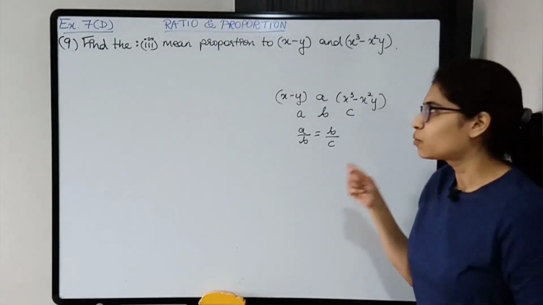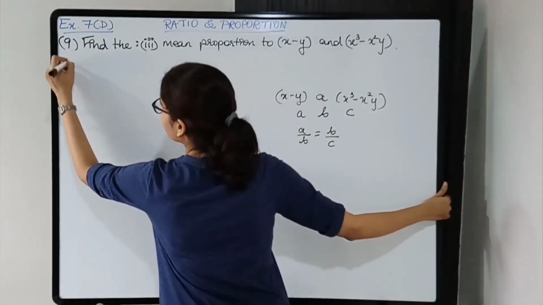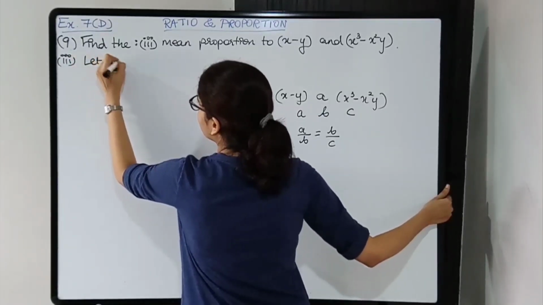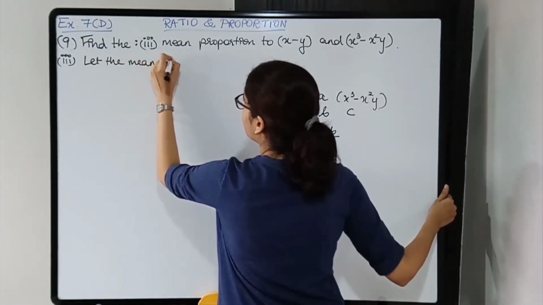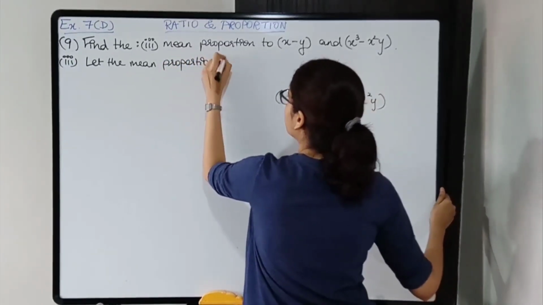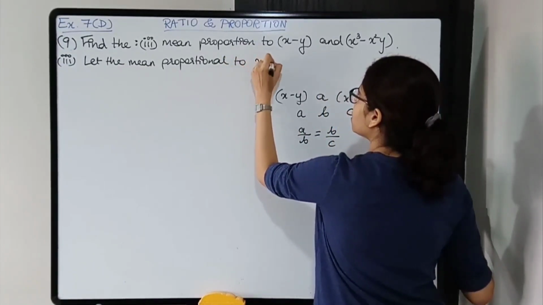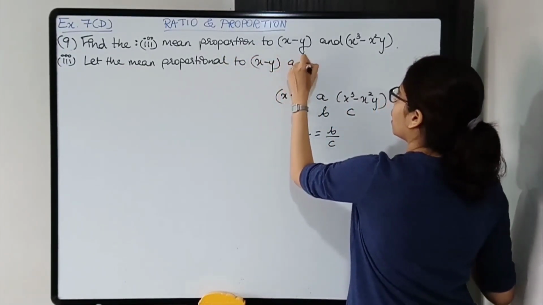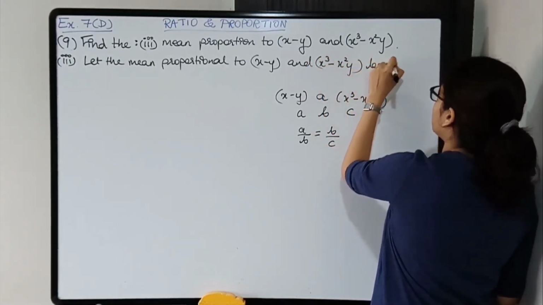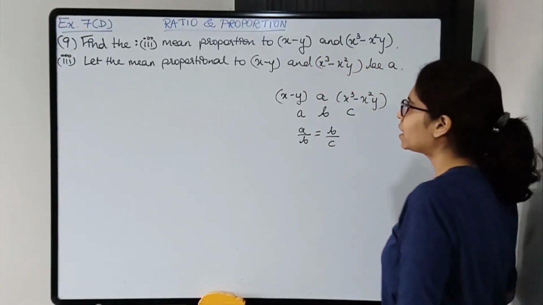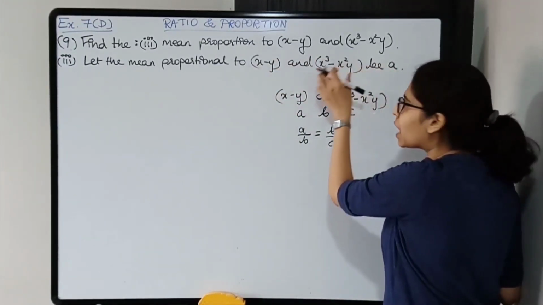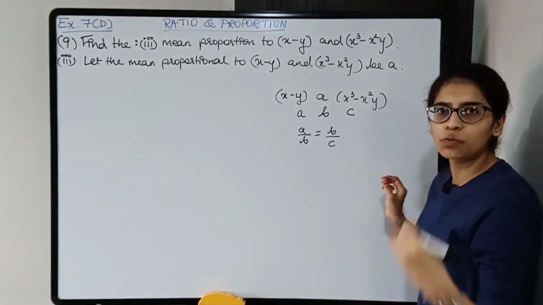All right, so let's write down the statements. Let the mean proportional to x minus y and x cube minus x square y be A. So I can say this first term, then the second term and then the third term, they are in continued proportion.